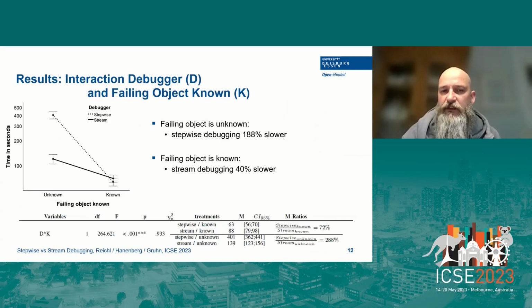It turned out that in case the failing object is known upfront, so if I know which objects are responsible for a failing filter, suddenly the stepwise debugger was faster in our case. Whereas in case the object is not known, the stepwise debugger is terribly slower, about 190% slower. In case the object is known, the stream debugger is suddenly slow.